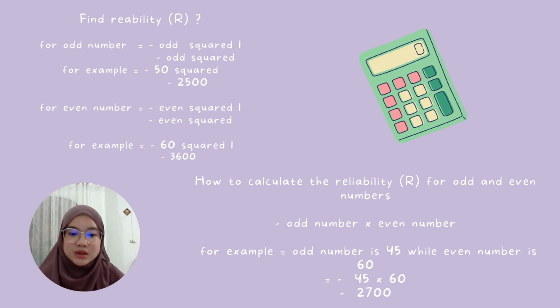Next, the way to calculate reliability for both odd and even numbers is with the odd number multiplied by the even number. For example, the odd number is 45 while the even number is 60. So you must calculate 45 multiply 60 equals 2,700.